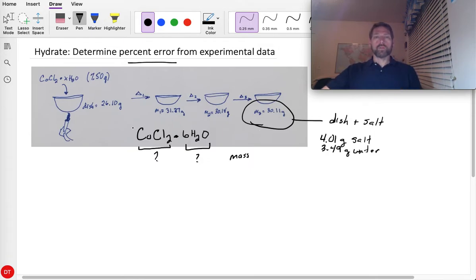This formula says for every 1 mole of cobalt 2 chloride there will be 6 moles of water, and that is a fixed ratio. It's never going to change, which means the percentage by mass will always be the same, whether the sample size is small or big.